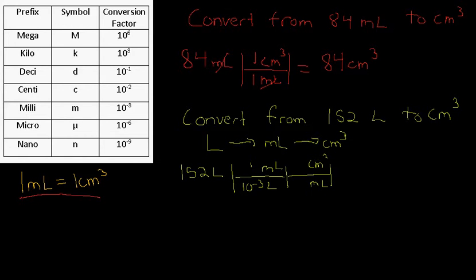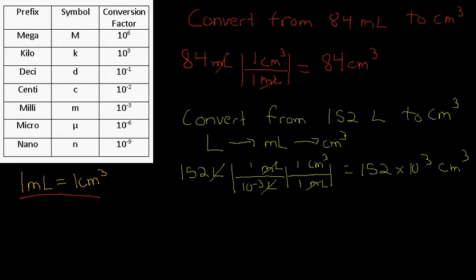I want to get to centimeters cubed, and I know 1 centimeter cubed is 1 milliliter. So liters can cancel, milliliters can cancel, and what I end up with is 152 divided by 10 to the negative third. To get rid of a negative exponent, I bring it to the top. So that's the same as 152 times 10 to the third centimeters cubed.